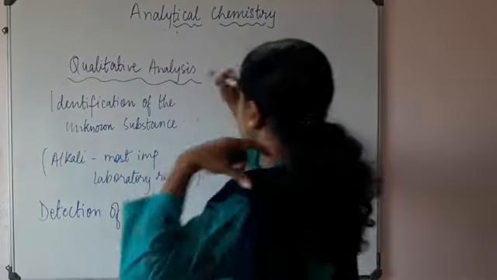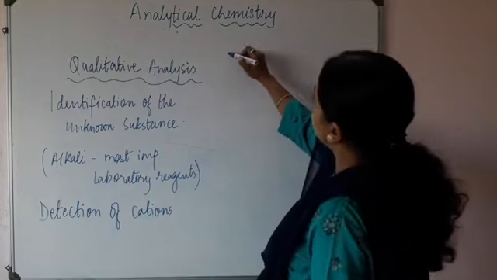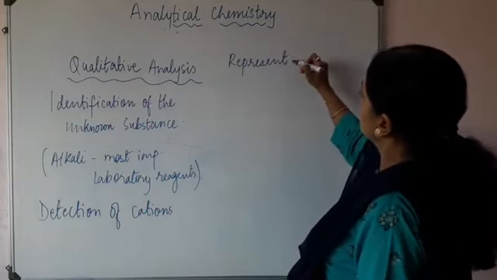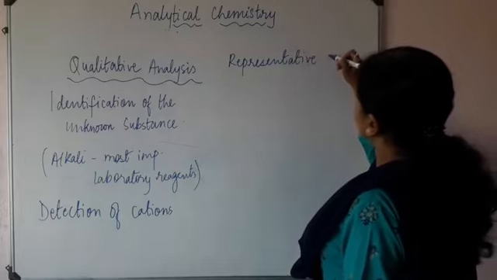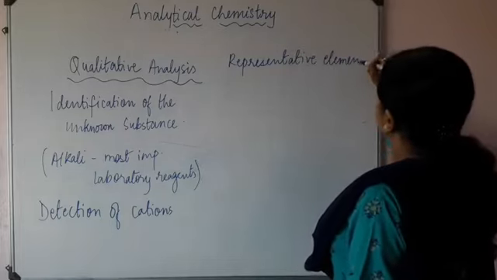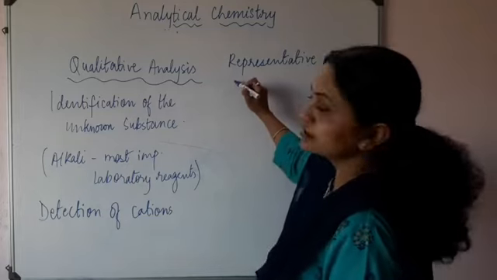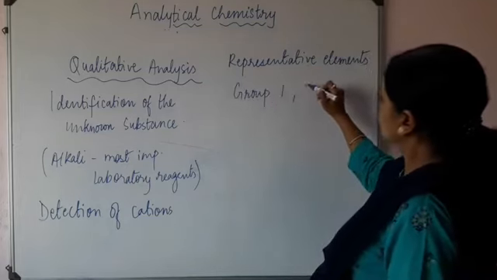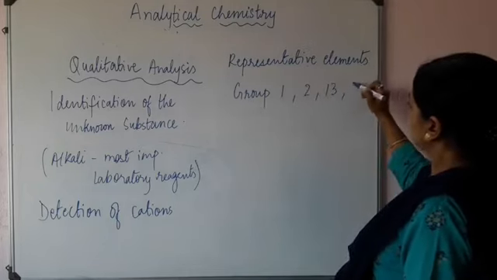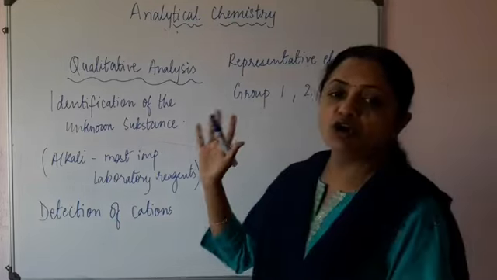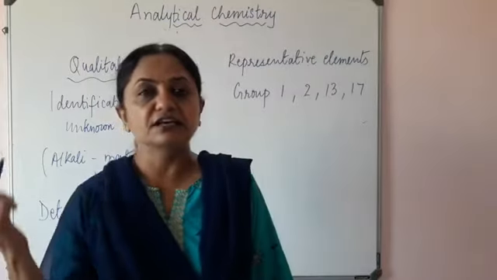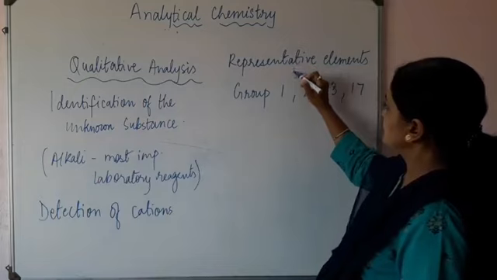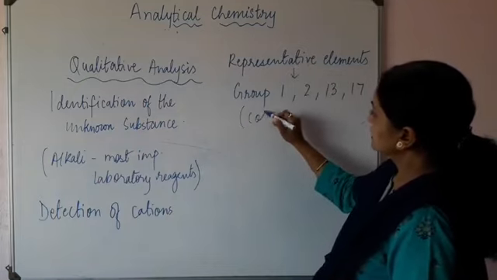Representative elements are the elements present in group 1, group 2, group 13 and group 17, mostly all of the group A elements, and they are mostly colorless.